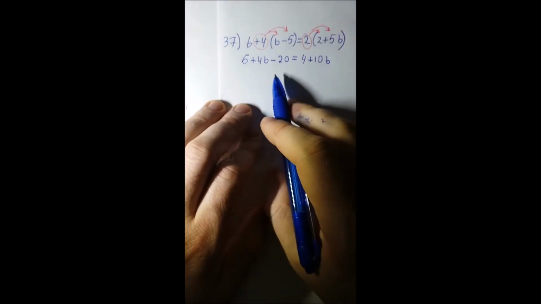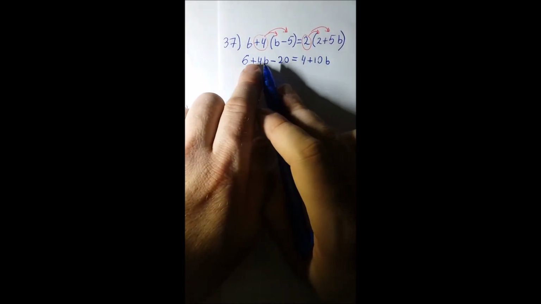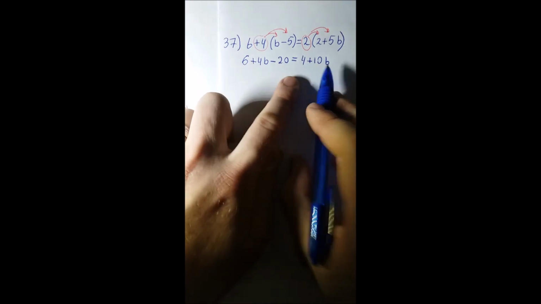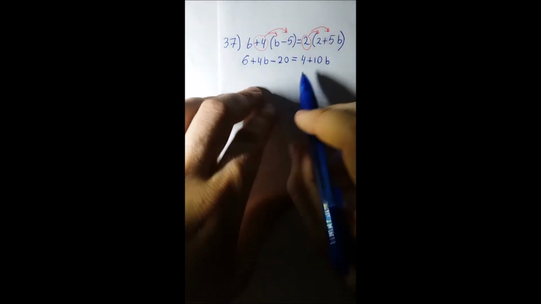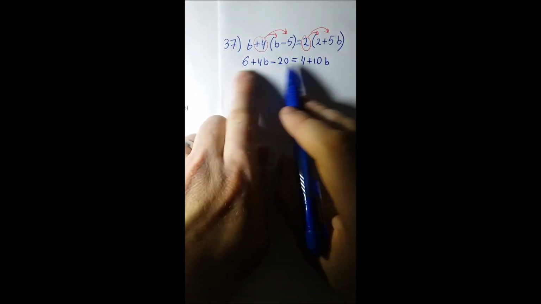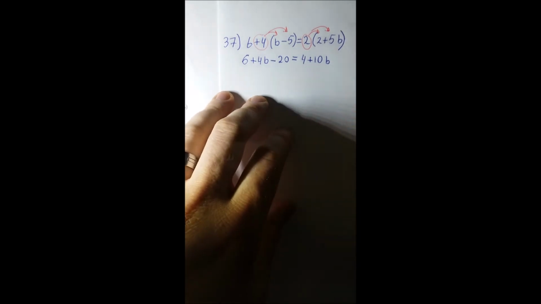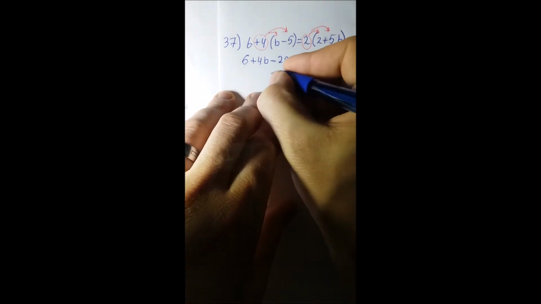Now I have an equation with a variable on the left side and there's a variable on the right side. So I need to go either way, either put all variables on the left or put all variables on the right. Either way is fine. In this case, I'm going to choose to put the variable on the right.